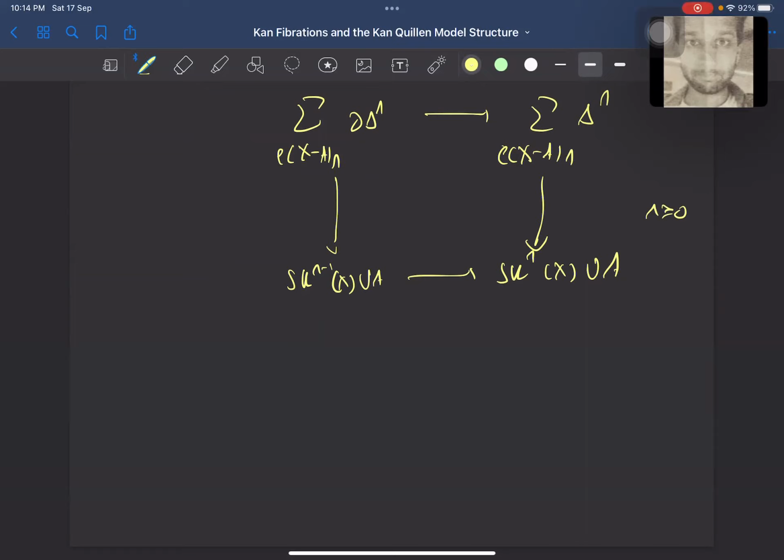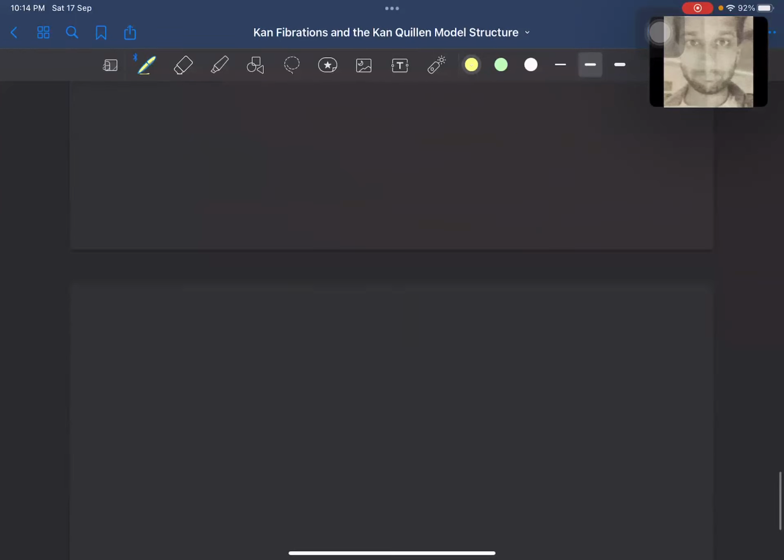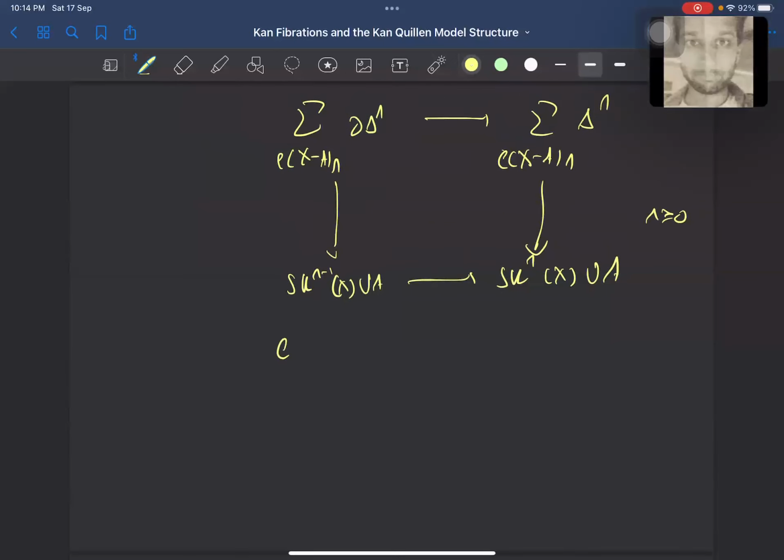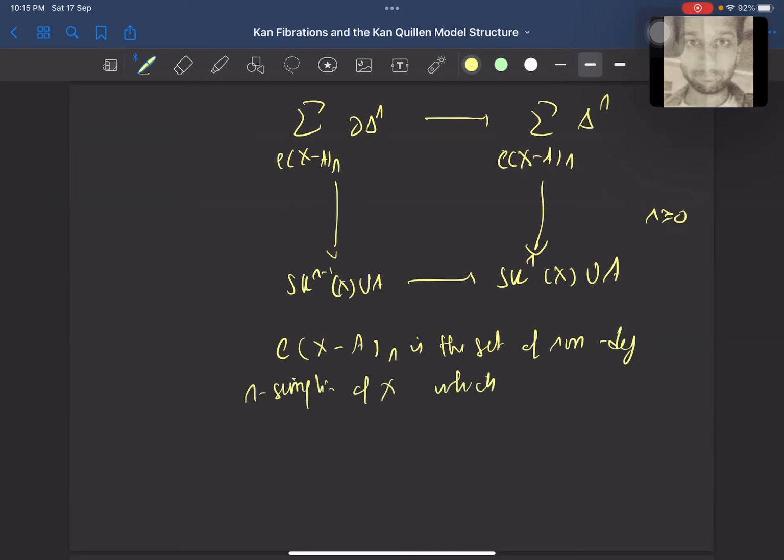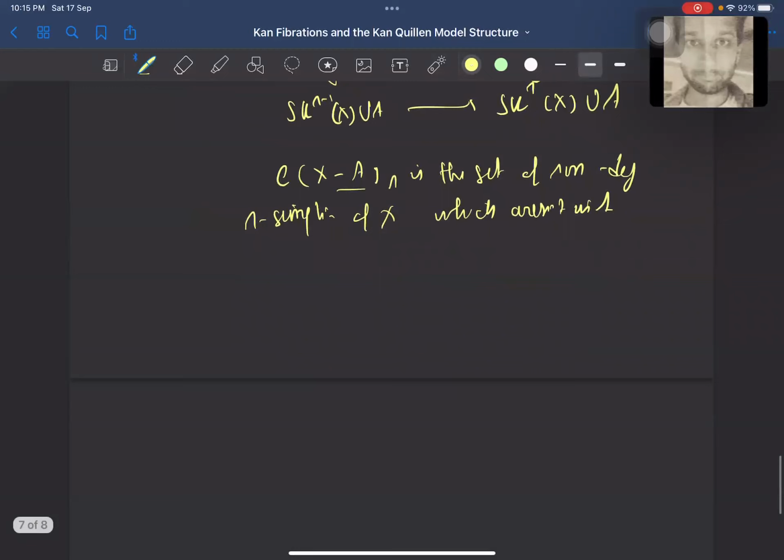In order to prove that, we can use the truncation functor. That's the hint that I was talking about. So let me tell you what these things are. This is my notation for the set of non-degenerate n-simplices of X which are not in A. Then we can write X as a colimit.